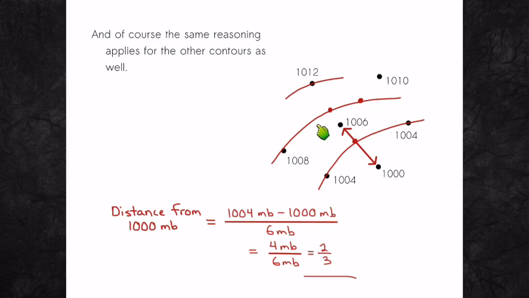You know that it's going to be a 4 millibar jump from one contour to the next, and then another 4 millibars to the next contour. So it makes it much easier to read the graph if you know how big the jump is between each individual contour. So make sure that every contour has the same jump to the next contour and so forth and so on. Same difference in pressure.